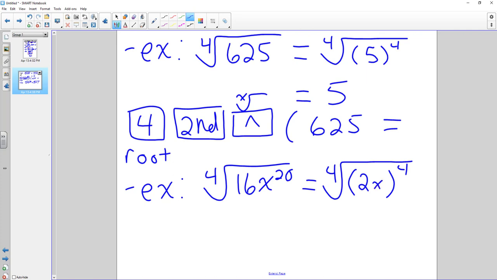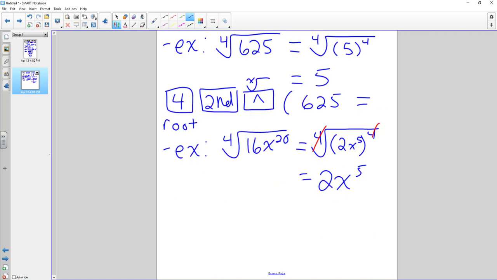And then the x part is going to be x to the 5th, because 5 times 4 gets to 20. So the 4th root and the 4th power cancel out, and I get 2x to the 5th. In terms of the x part, we're doing 20 divided by 4 to get the 5.